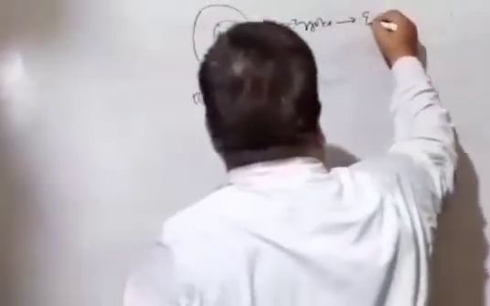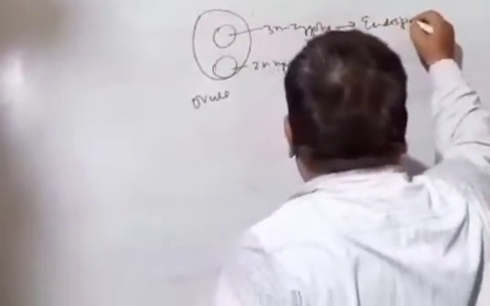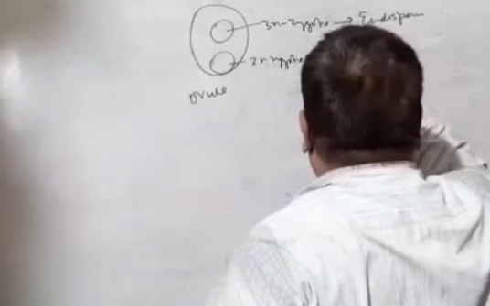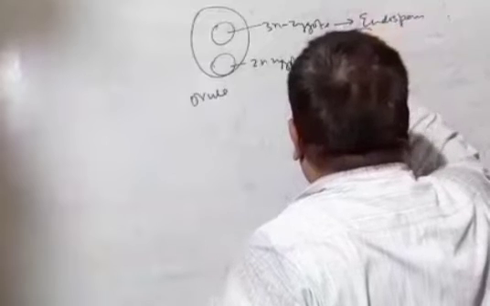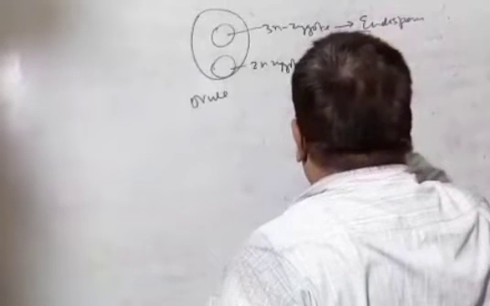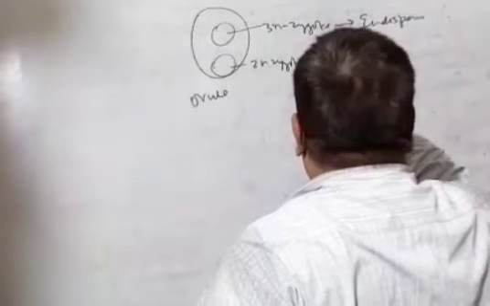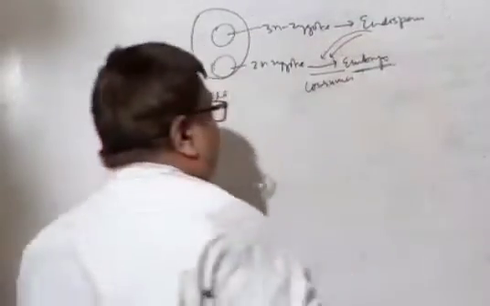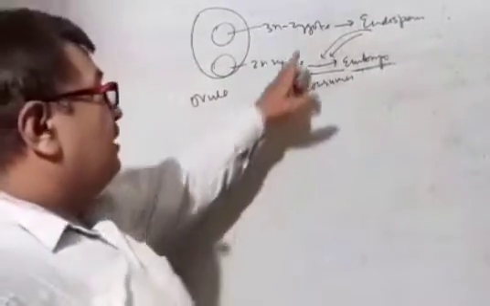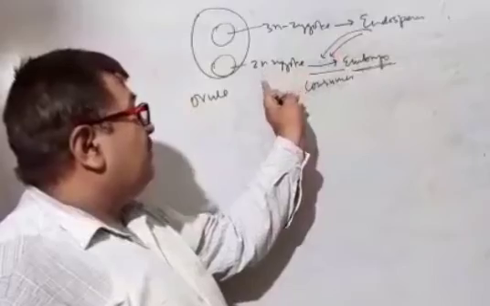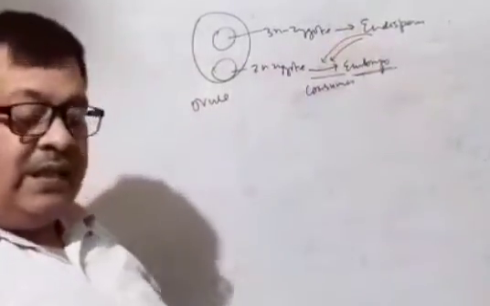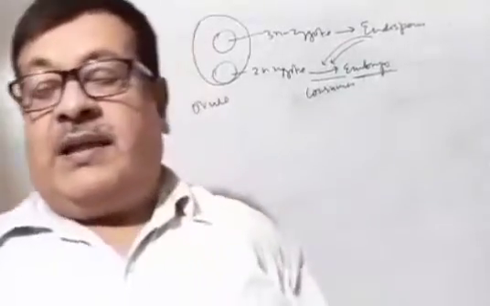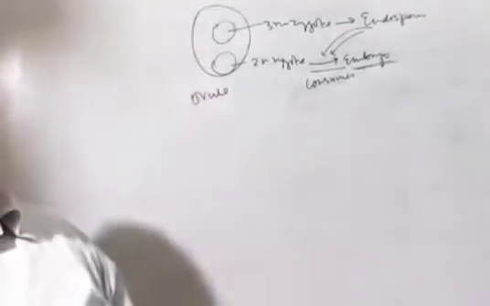One develops into the endosperm and the other develops into the embryo. While developing, the embryo consumes endosperm. In some seeds, despite the consumption, endosperm remains in the seed, or sometimes it is totally consumed.